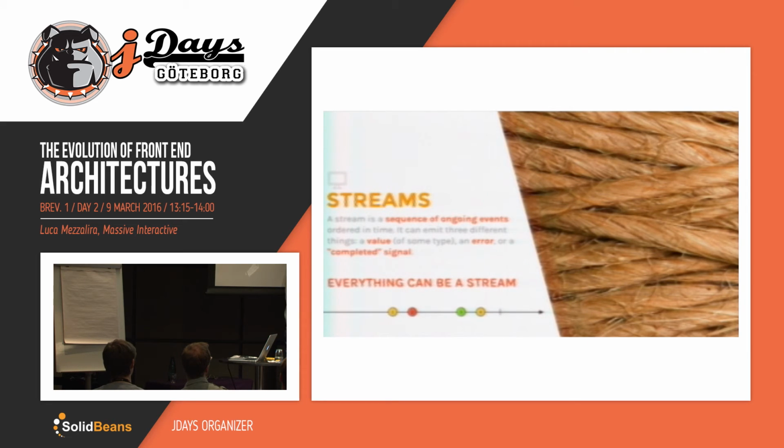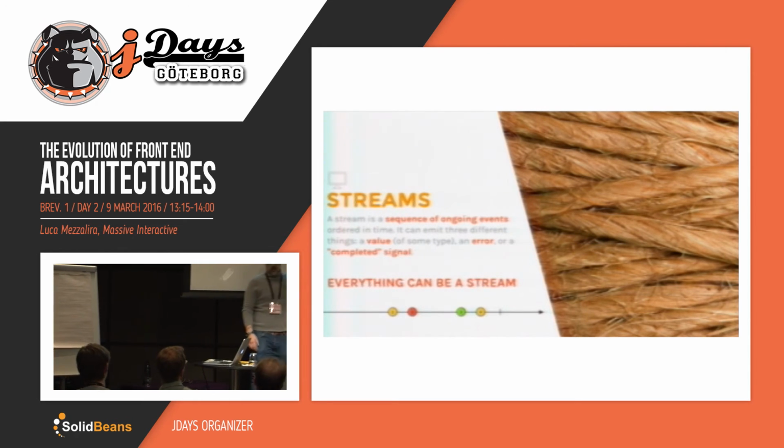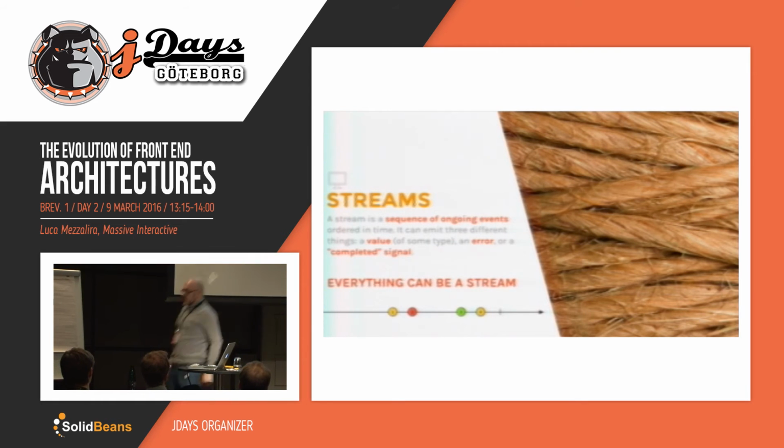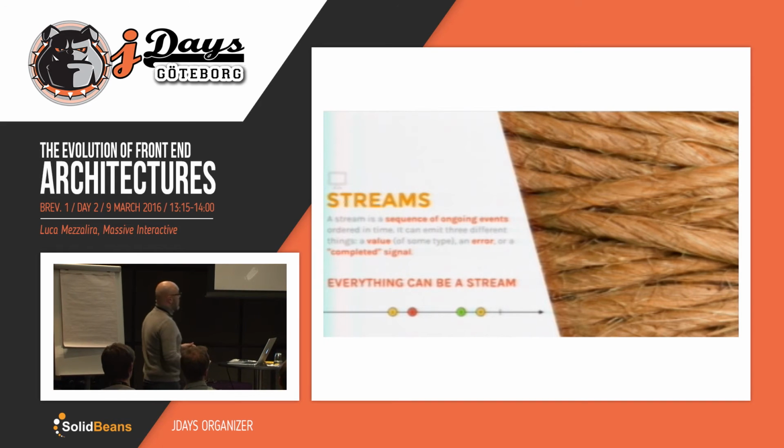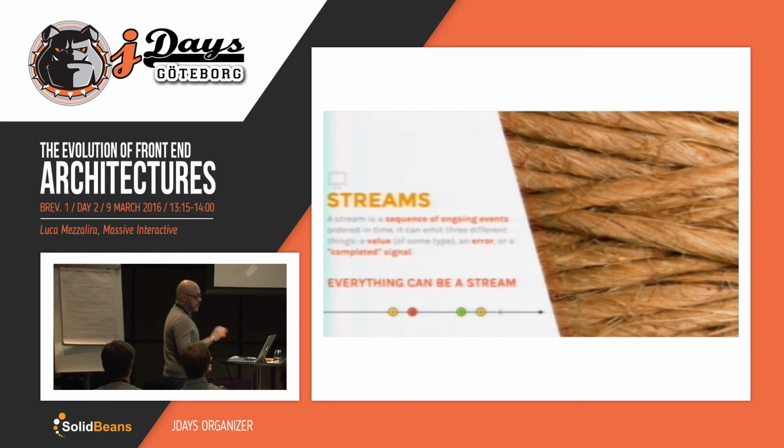We have the first value dispatched at this point, second value, third value, fourth value, and here you have the complete, so the stream is finished, it has ended. If you see an X somewhere, it means that there is an error. Marble diagrams are kind of easy to understand, but there are a lot of interesting resources online to create them at runtime, and Firefox has an extension to see marble diagrams dynamically inside your browser when you are working with reactive programming.